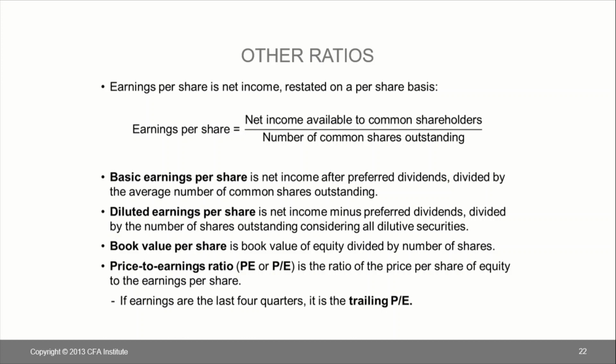So, syempre, kung earnings ang pinag-uusapan mo, the higher the earnings per share, the better, right? Kasi ang computation niya is net income available to common shareholders divided by the number of common shares outstanding. But in some cases or in some references, weighted average ng common shares ang hinahanap, no?